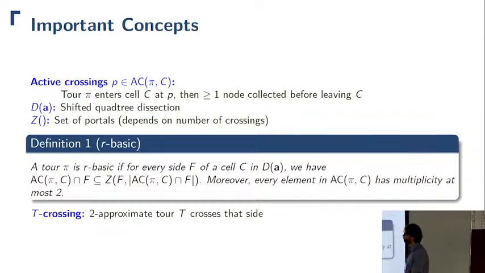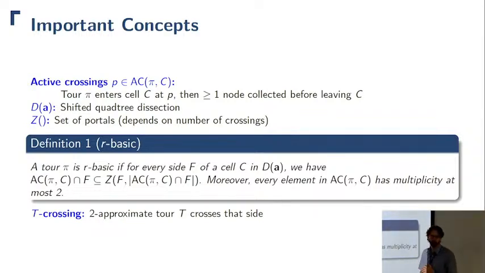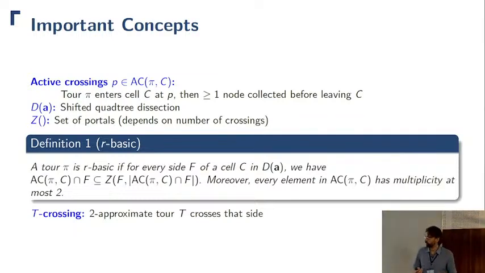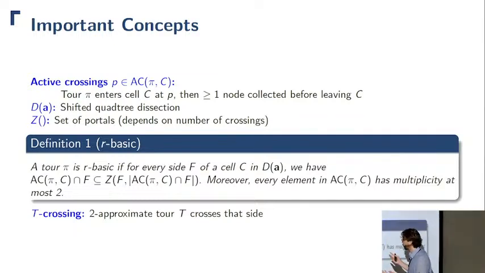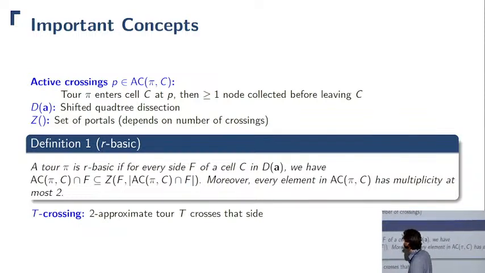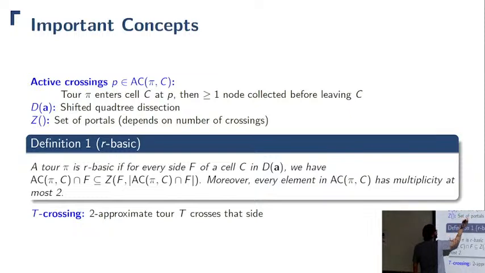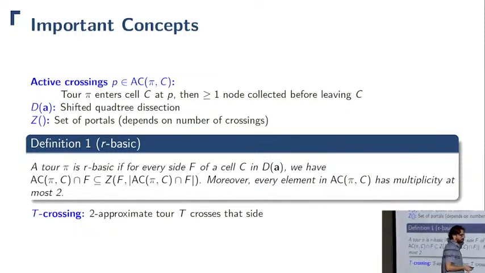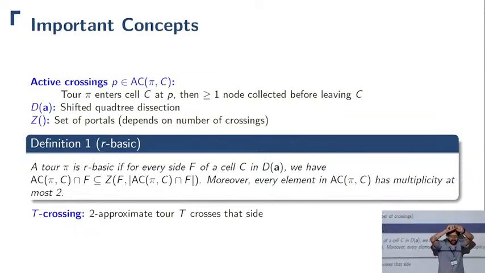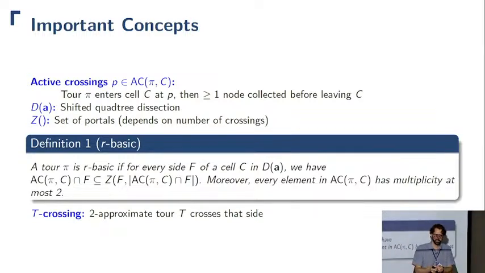Now, before we can state the algorithm, we need some more definitions. You have to bear with this for a little bit, then it becomes more clear. So we have the concept of active crossings. We have our square, and there could be 2 different types of crossing into the square.